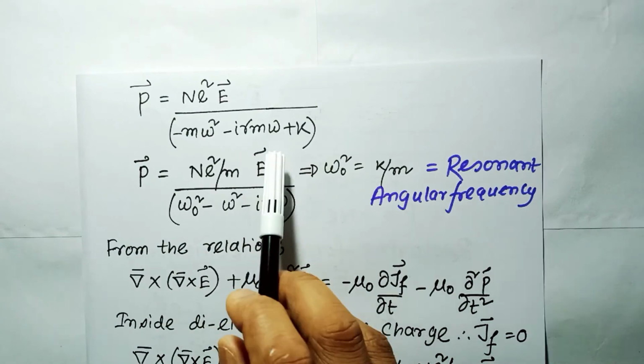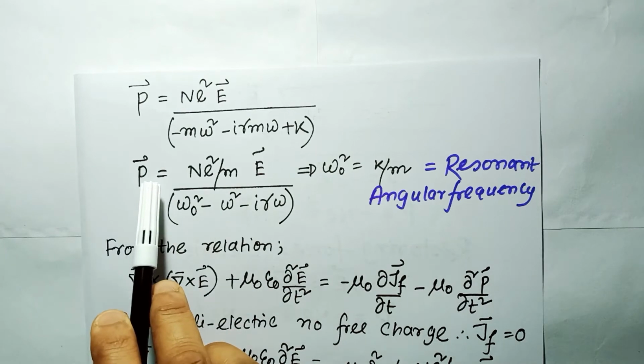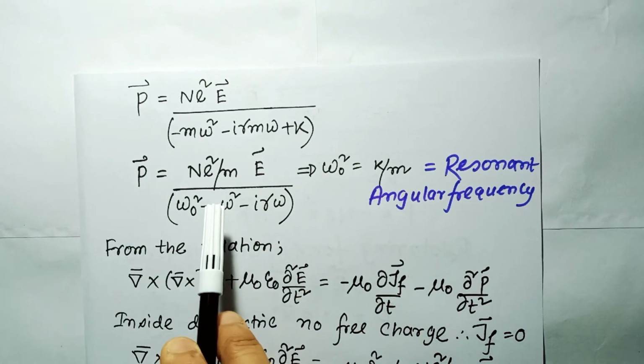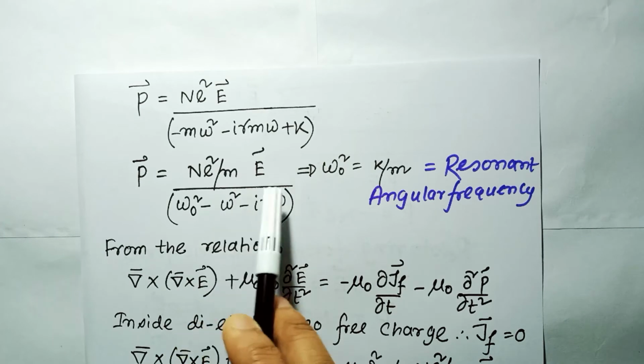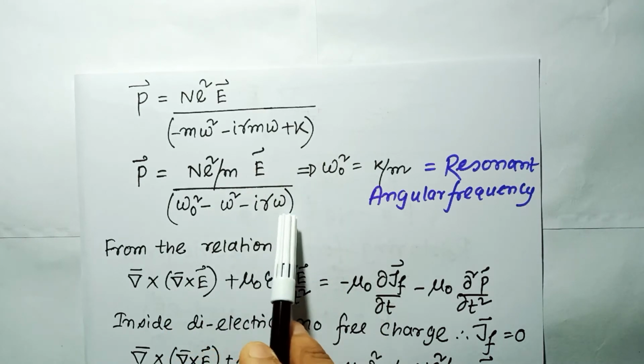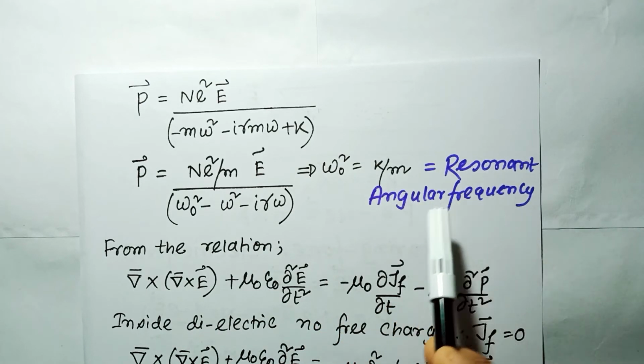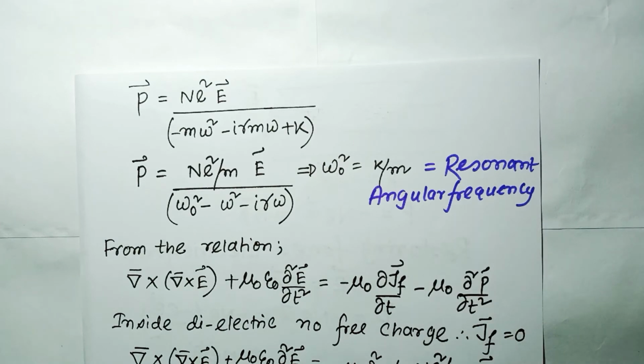Now if I divide both numerator and denominator by m, the polarization vector P is equal to N squared divided by m times E vector divided by omega0 squared minus omega squared minus i gamma omega, where I define omega0 squared is equal to k by m, the resonant angular frequency. So this omega0 corresponds to that of a single harmonic oscillator, and at omega equal to omega0, the polarization vector will take the maximum value with most perturbation for the electron.